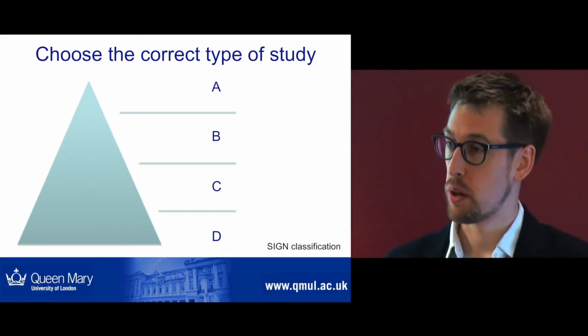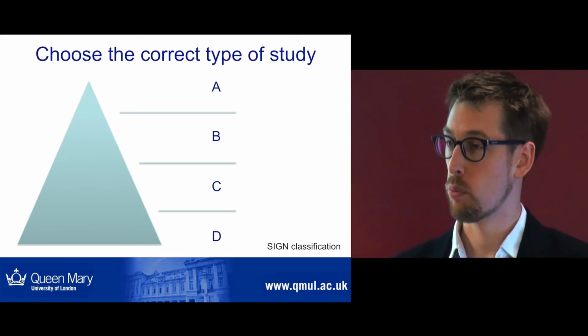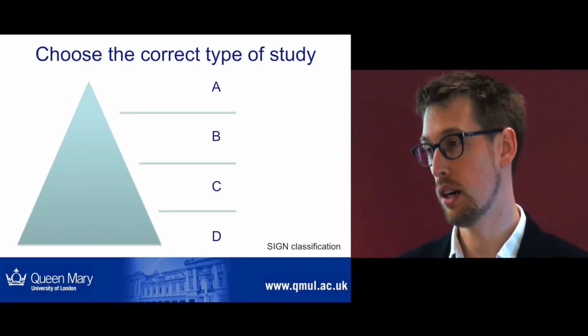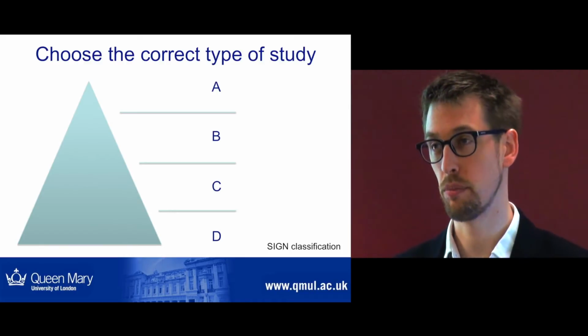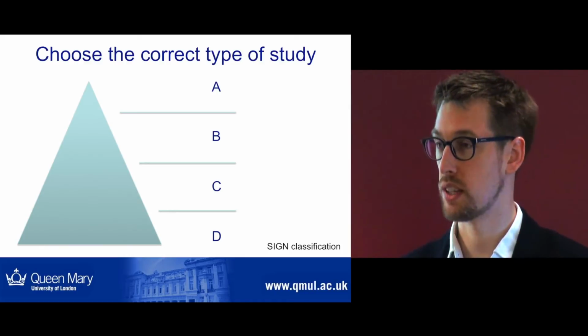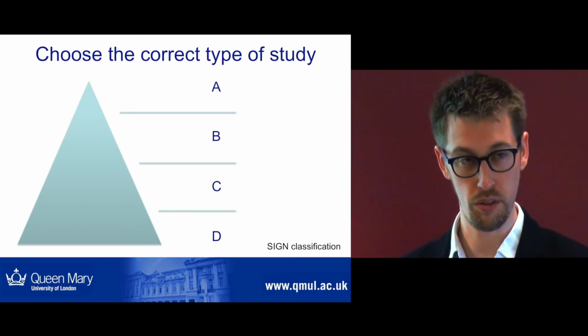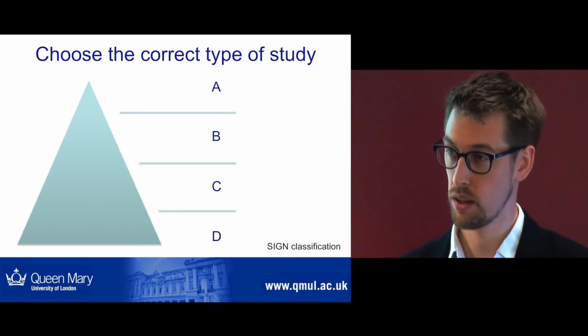So think about your exposure and think about your outcome. What are you trying to measure as the effect? Your exposure is what you are interested in that might have an influence on that outcome.